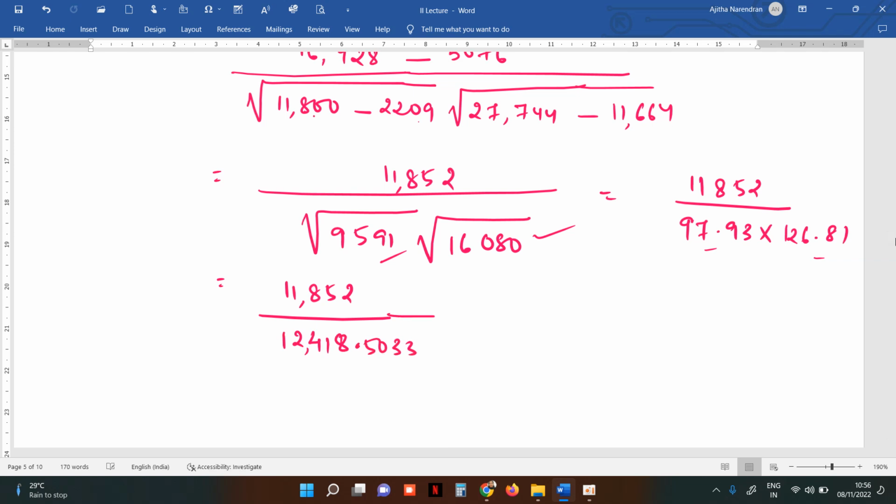After a point you can take 2 digits, so you can take 0.954. Therefore R is equal to 0.954.